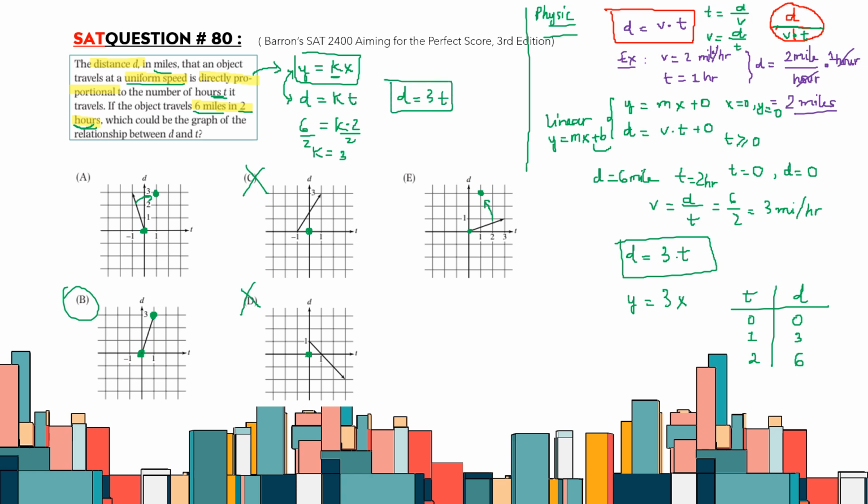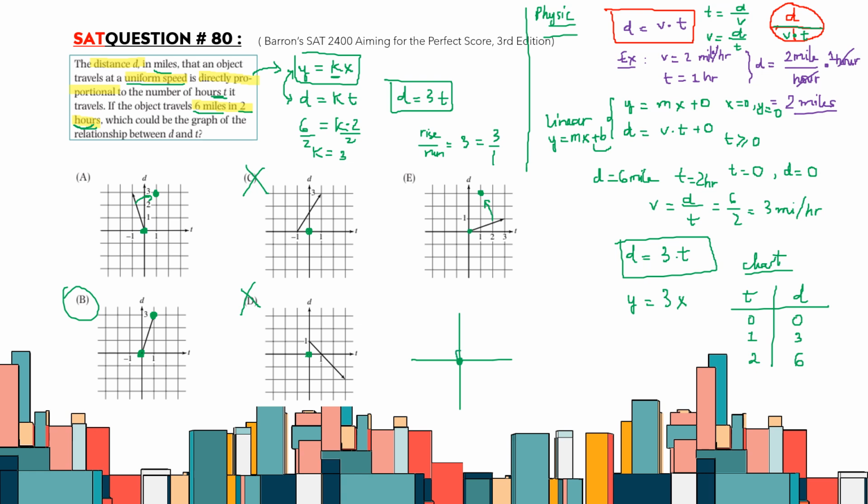After finding that, we use the same technique of creating a chart like this, or we can draw it by saying the slope is rise over run. A 3 means 3 over 1. So we know the origin is where we start.